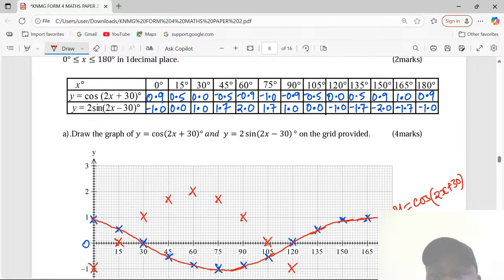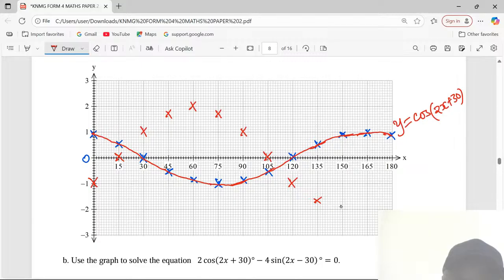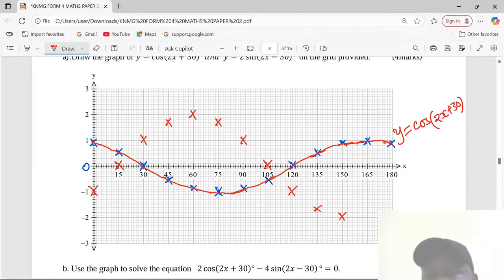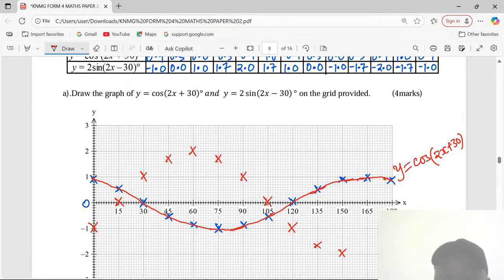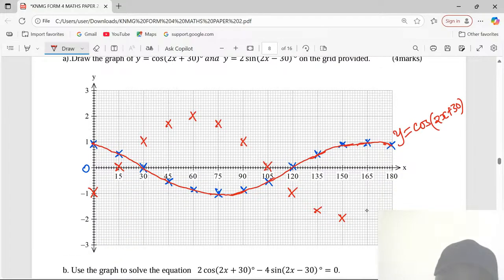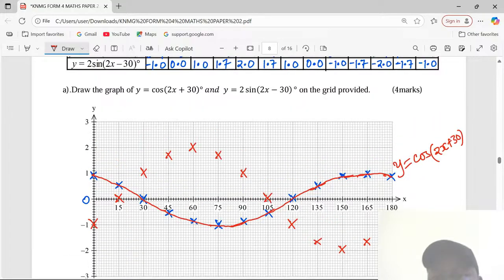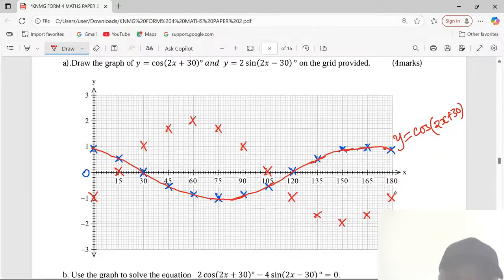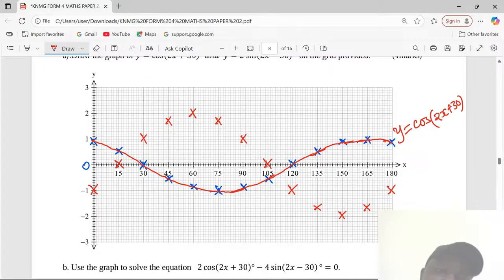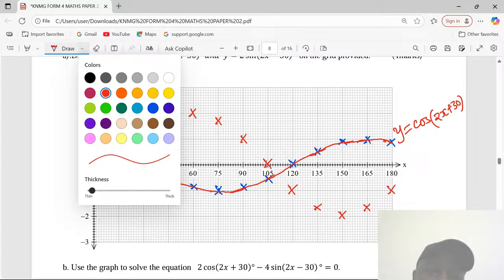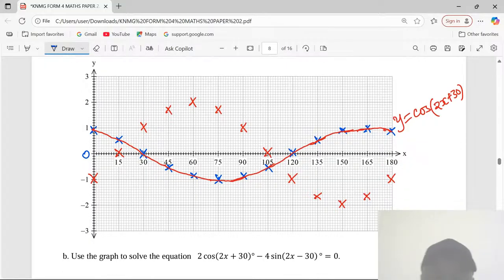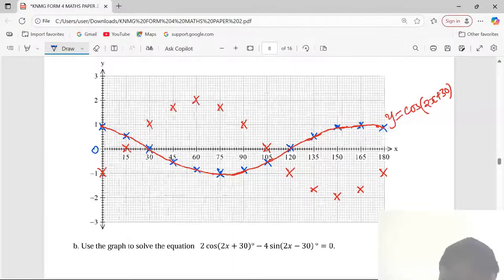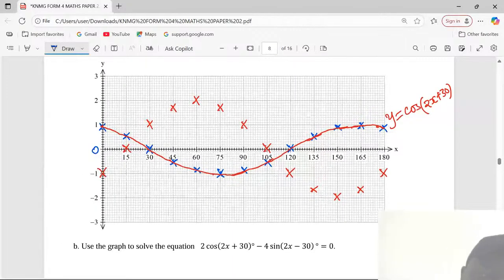Then 150 goes with negative 2. 165 goes with negative 1.7. Then 180 goes with negative 1. So I have all the coordinates properly plotted. So I can now do the curve by joining them so smoothly.